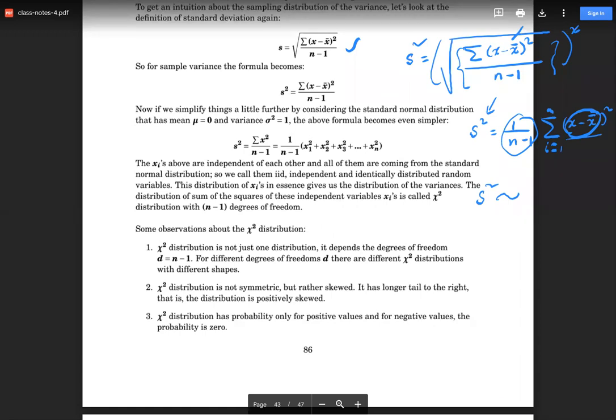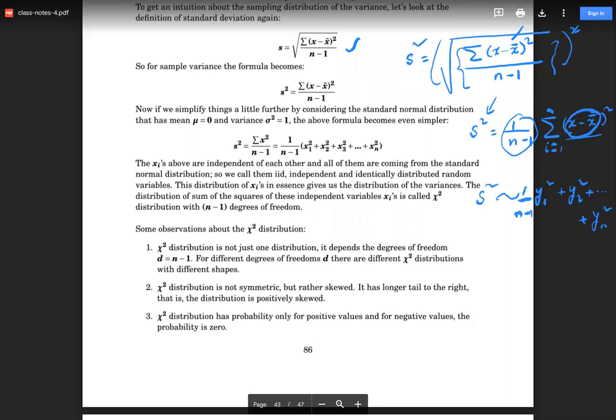Or if you don't want to call them x1, x2, you can call them something else, like y1, to avoid confusion. So y1 square plus y2 square plus dot dot dot plus yn square. So the distribution looks like this, times 1 over n minus 1.